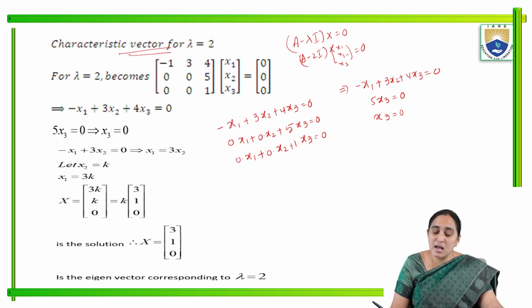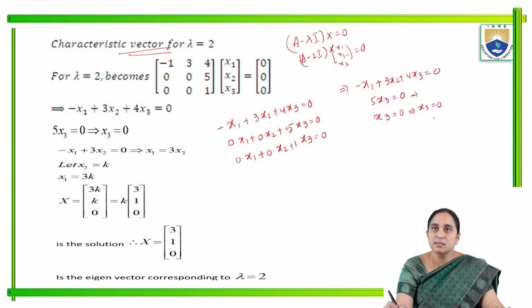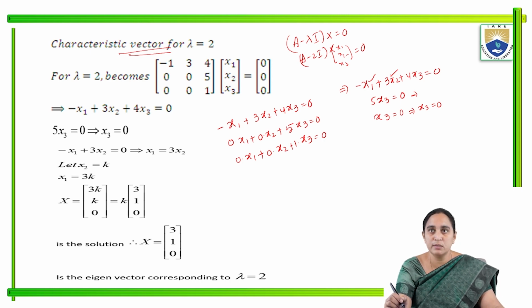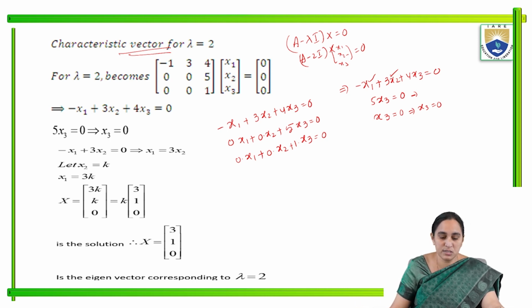Observe from the last equation and the second equation, directly we get x3 value is equal to 0. If you know the x3 value, then we have to substitute it in the first equation. Do we get x1 and x2? No. Why? Because here x1 is unknown and x2 is unknown. That means here there are 2 unknowns, but we get only one value, x3. From that, we have to assume two values as arbitrary constants.